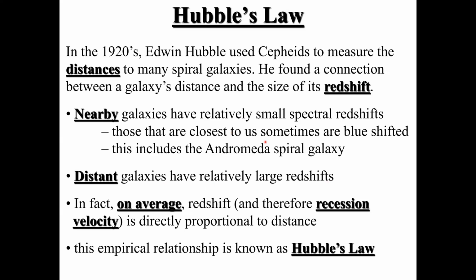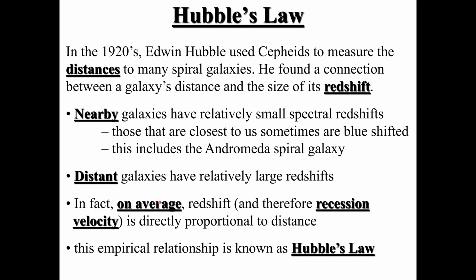And the distant galaxies that they have observed have relatively large redshift. So the nearby galaxies have a smaller spectral redshift, while galaxies that are far away have larger redshift. Now, on average, the redshift is directly proportional to the distance. So that's what he has identified.